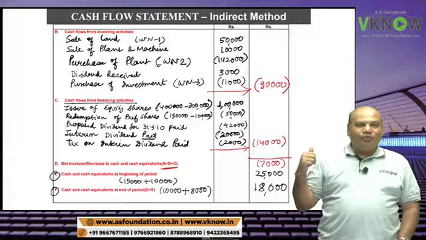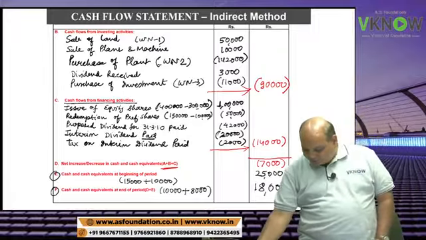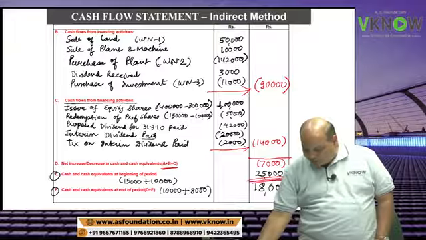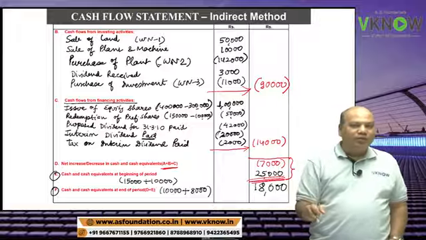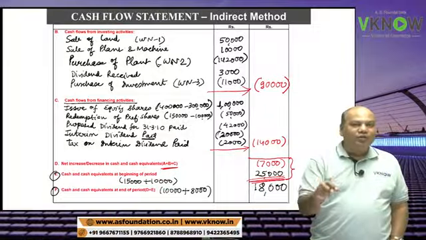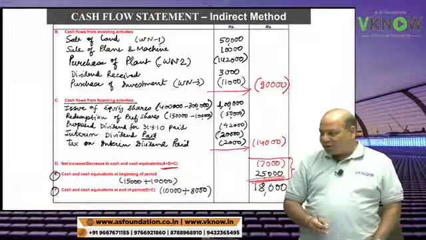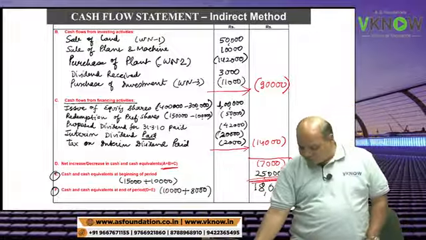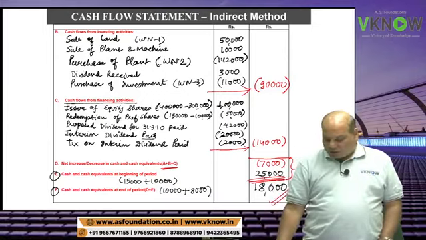And now, important point, the total is matching. Minus 7 plus 25, 18,000 total is matching. So this answer is telling.